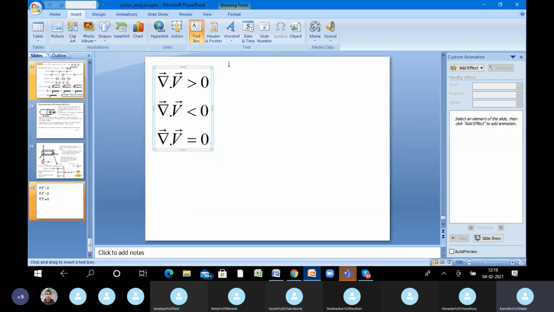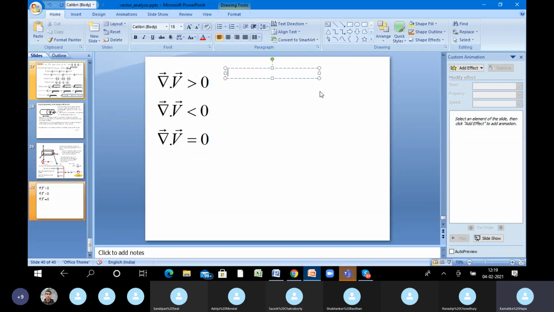If it is greater than 0, it indicates the presence of a source.